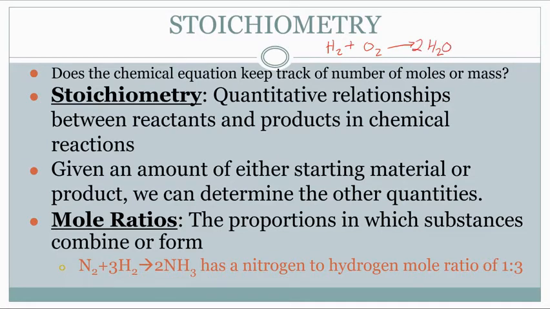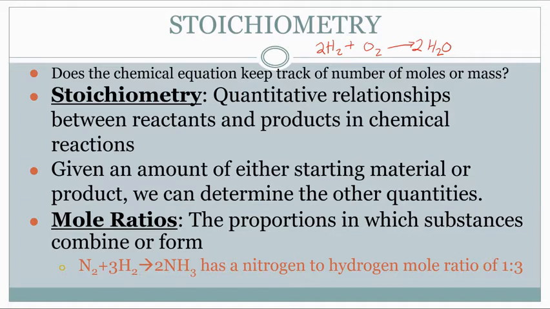When I balance that, I get 2H2 plus O2 yields 2H2O. So does that mean that 2 grams of hydrogen gas with 1 gram of oxygen gas will produce 2 grams of water? Or does it mean 2 moles of hydrogen gas plus 1 mole of oxygen gas produces 2 moles of water? It definitely means the second.